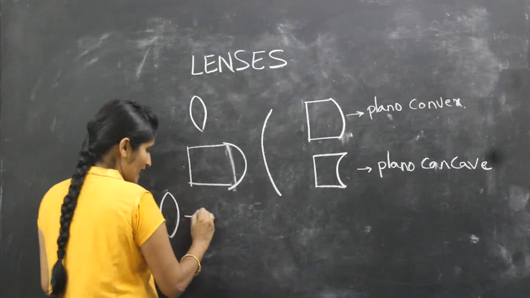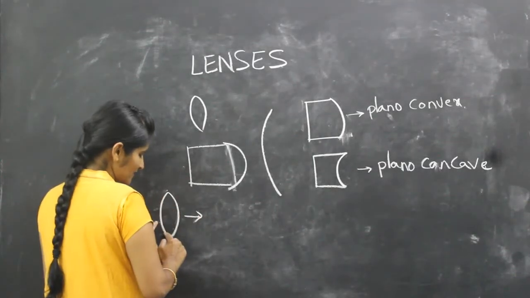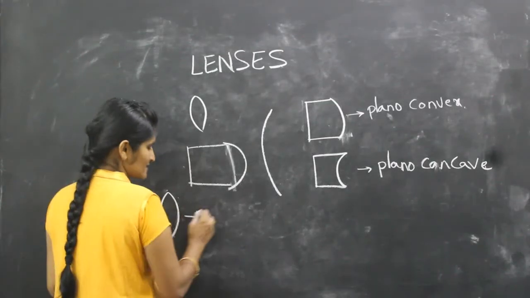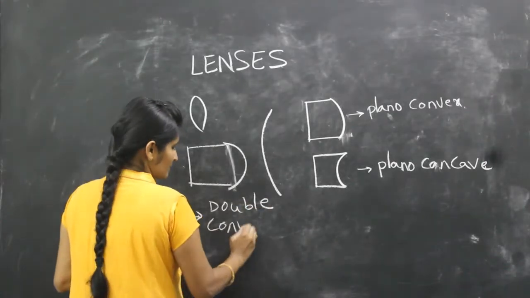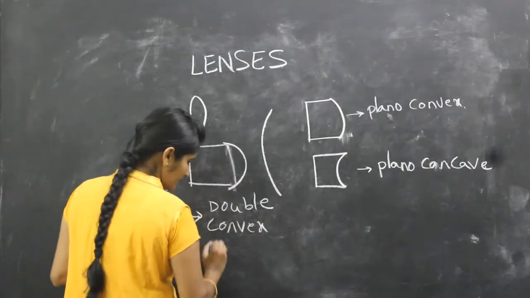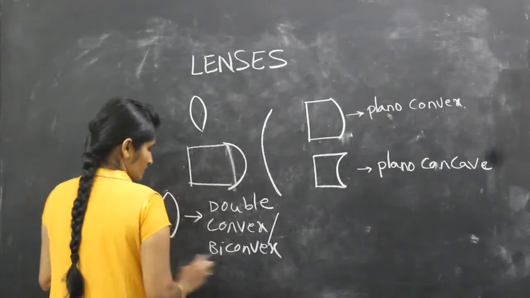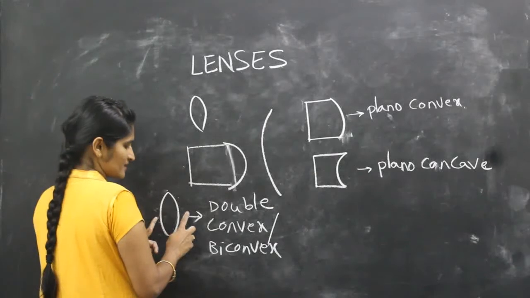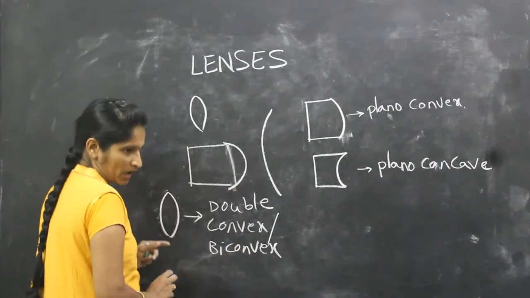That means one curved surface and another curved surface, both in the shape of convex. That's why it is called double convex, and we can also call it biconvex. If both surfaces are convex, it is called double convex or biconvex.